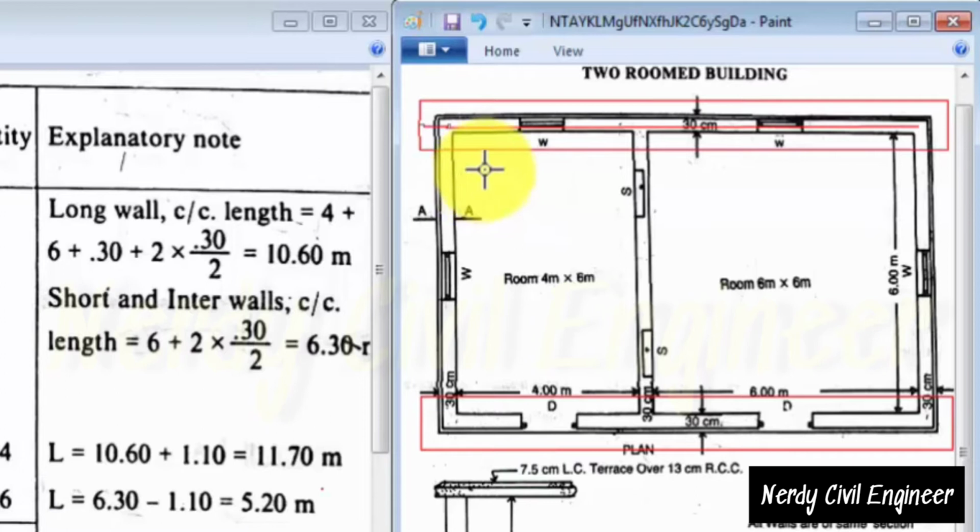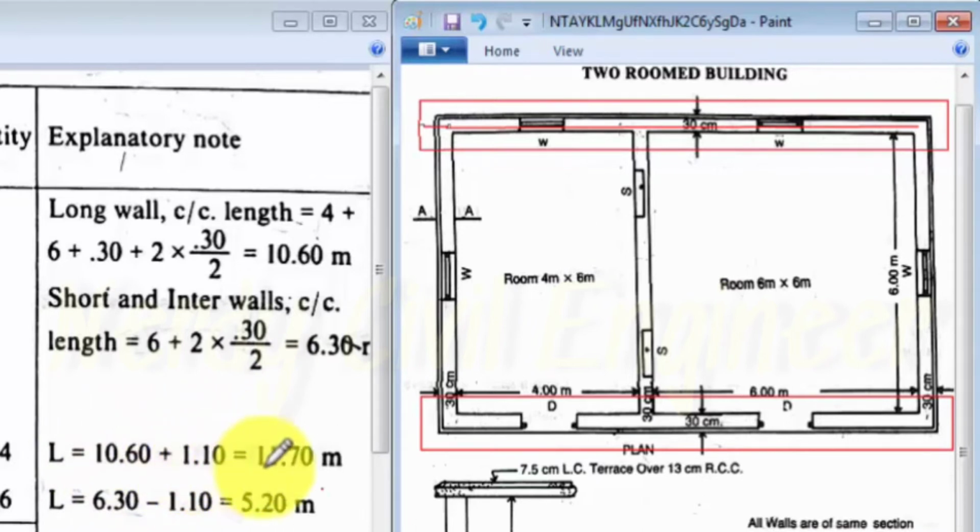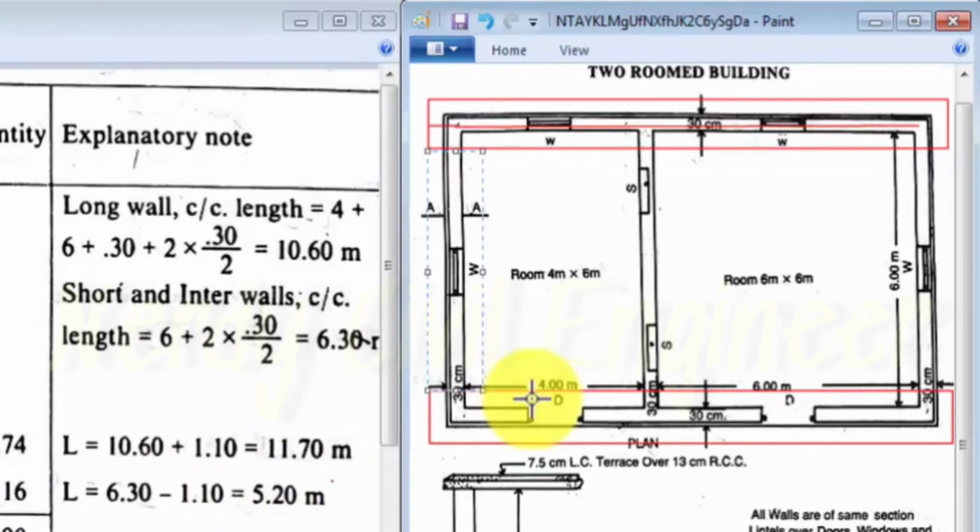I am talking about the cross section, and similarly in this case also we will consider half the foundation breadth. So in total it will give the same breadth that is mentioned in the cross section. That is why we add the breadth of the foundation with the long wall and deduct the breadth of the foundation with the short wall.